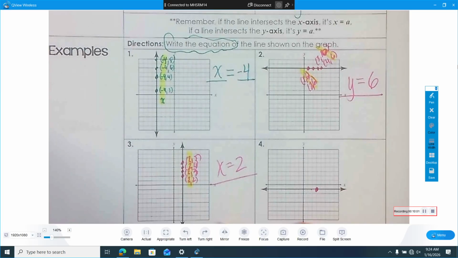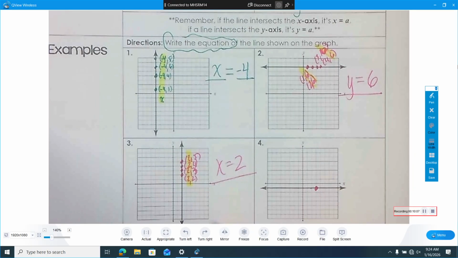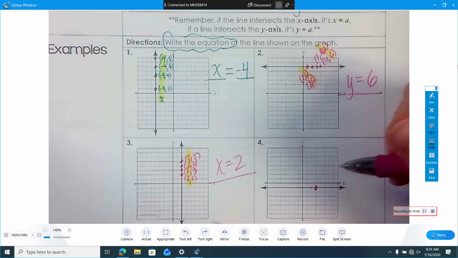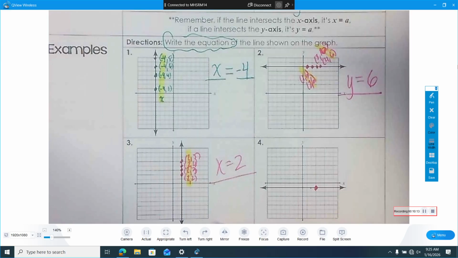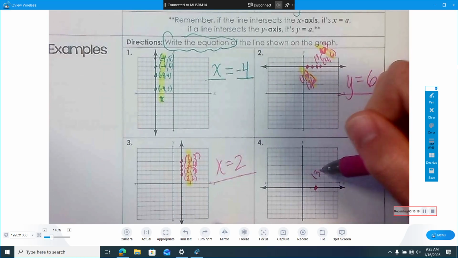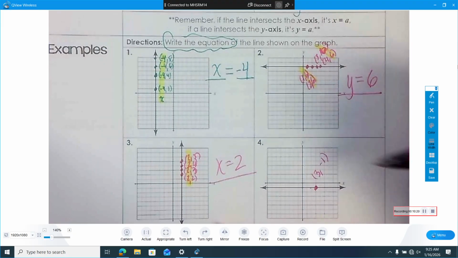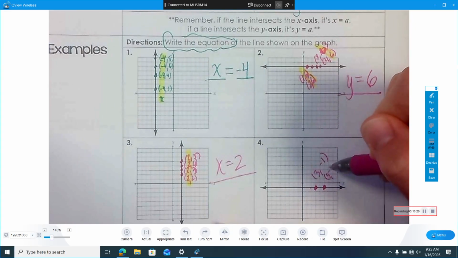What's this point here? Three over and down one. All right, 3, negative 1. What's this point? 5, negative 1.